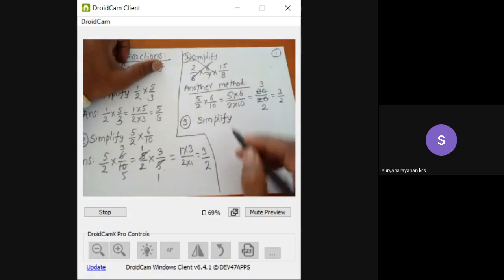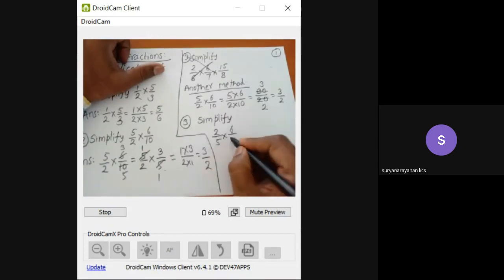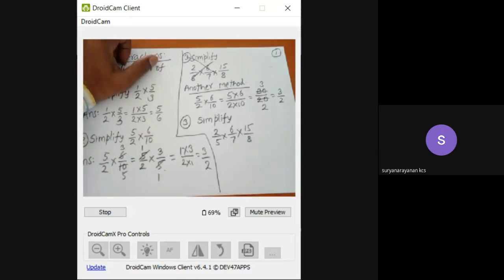So let us take another example. Simplify 2 by 5 into 6 by 7 into 15 by 8. I extended to 3 fractions. In the previous two examples, we have taken only 2 fractions. We extended the same concept to 3 fractions.